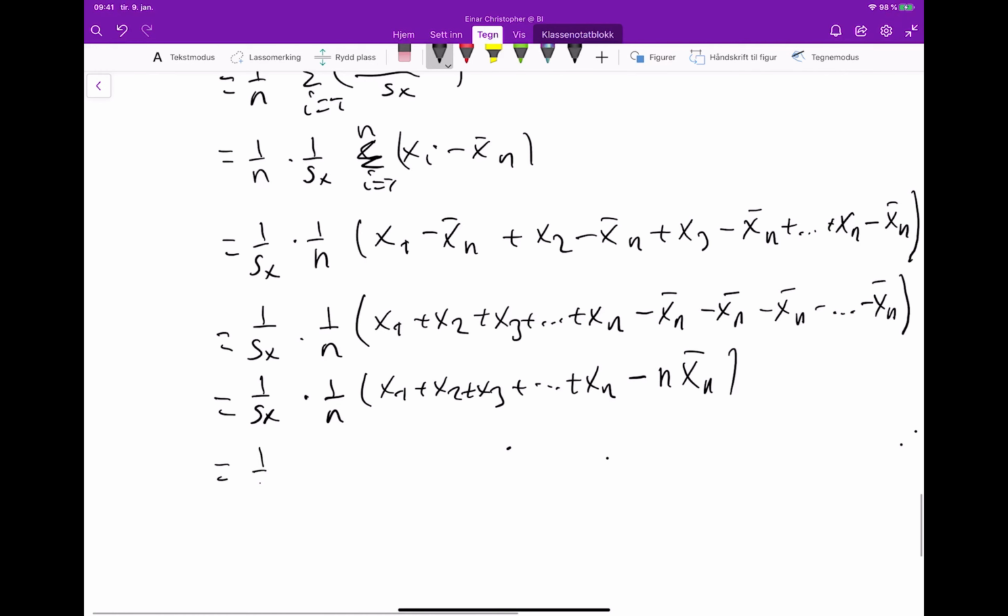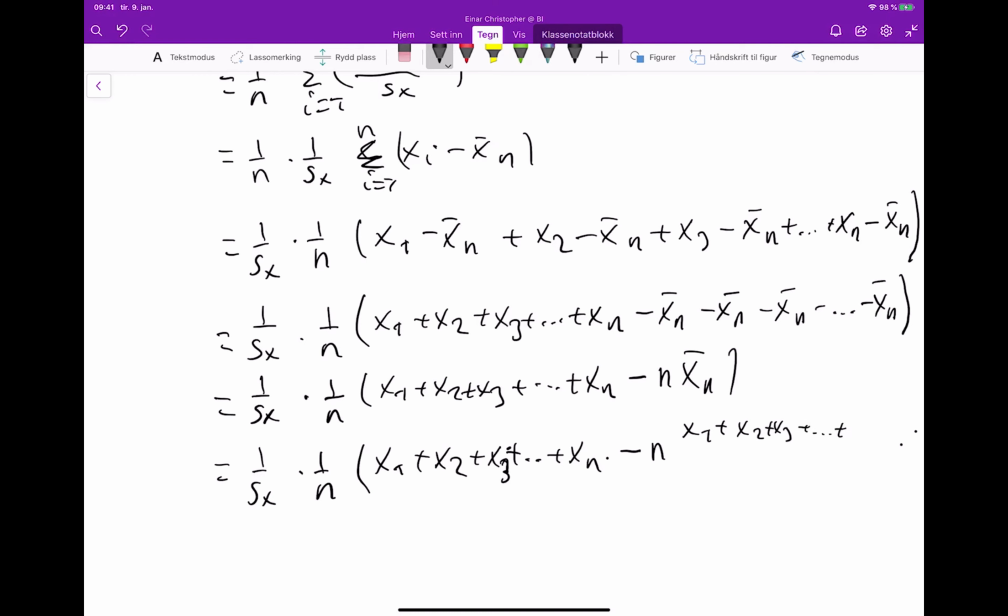Okay, and then we have 1 divided by sx times 1 divided by n. There are many ways to Rome, but we take this one today. x1 plus x2 plus x3 plus dot dot dot plus xn, and instead of writing n times x bar n, we rewrite that as x1 plus x2 plus x3 plus dot dot dot plus xn divided by n.